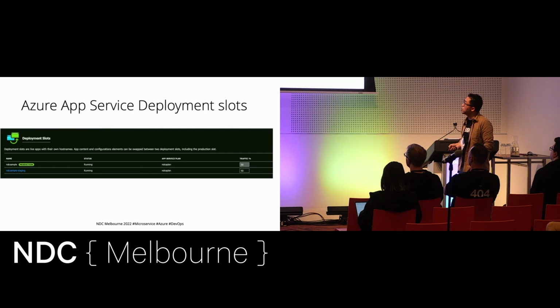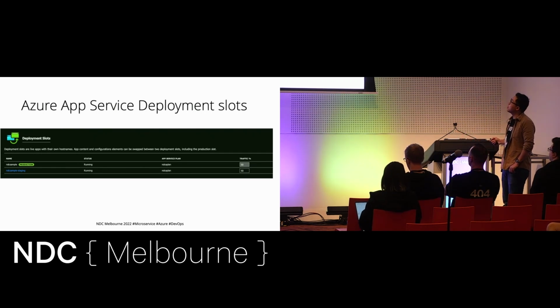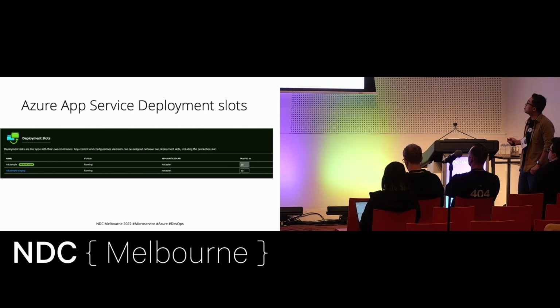And in deployment slots, we can see it offers a handy traffic management routing percentage feature that we can easily leverage to define the percentage of traffic we want to route to a particular slot.